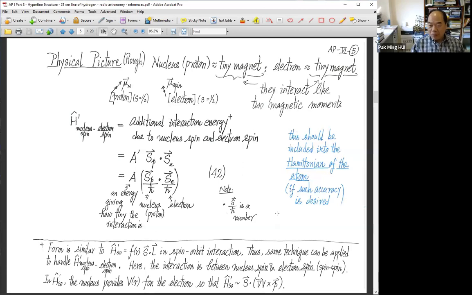So last time we introduced that the proton has spin and it has a positive charge, plus e. Therefore, it also has a spin magnetic dipole moment. So you may think of two magnetic dipole moments now interacting with each other.